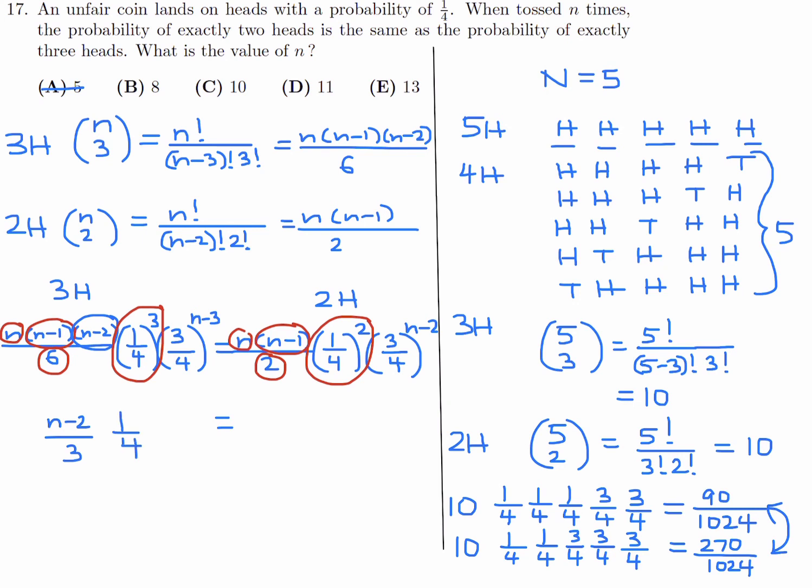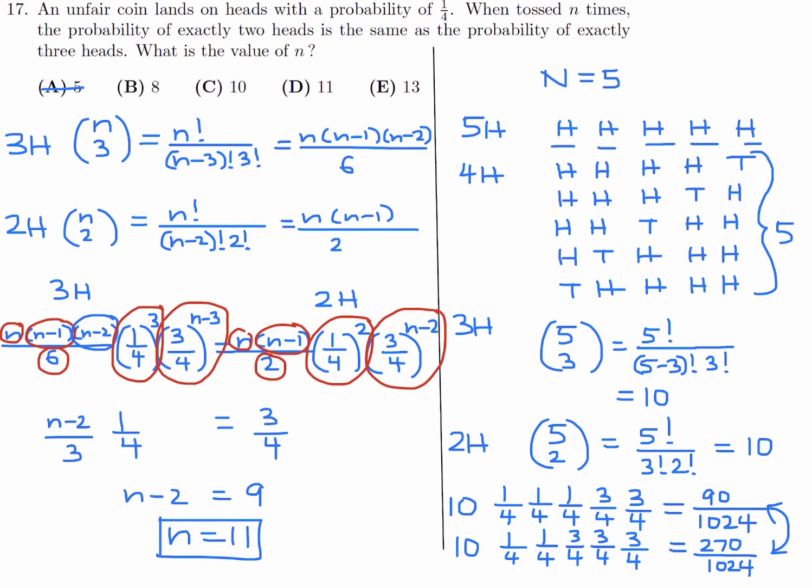And then these guys, this will cancel with that to give just a 3/4 on the other side. And that's it. So now it's basically just n minus 2 is equal to 9, and therefore n is equal to 11. So it's a very good question. Number 17, the answer is D.